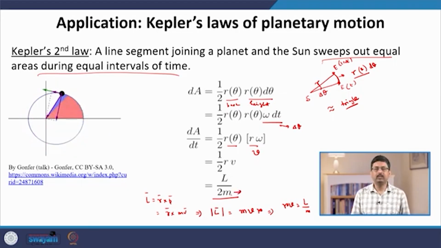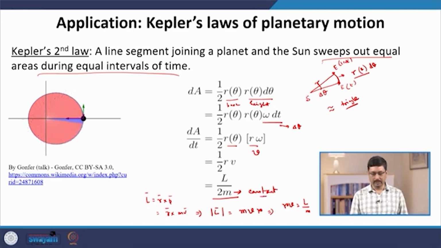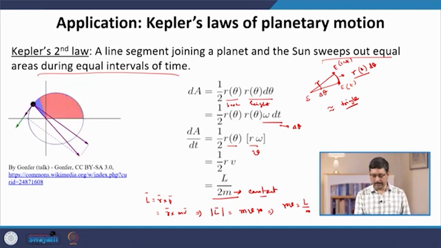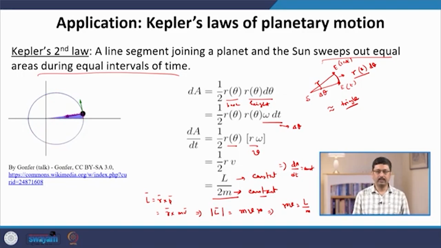Now, m, which is the mass of the earth, is constant. Let us assume that this is constant. So, if this is constant, then we find that L is also constant, as we just proved. That means dA dt is equal to a constant. So, this is basically the content of Kepler's second law.